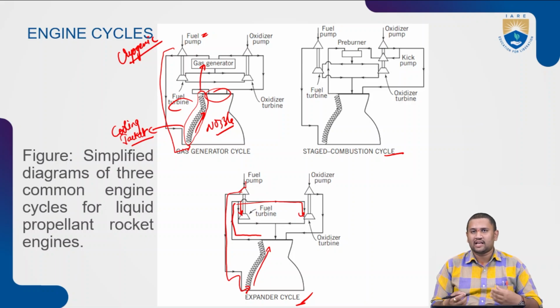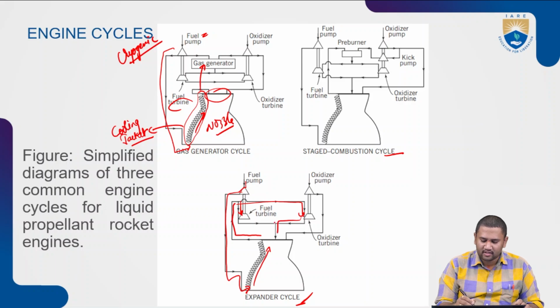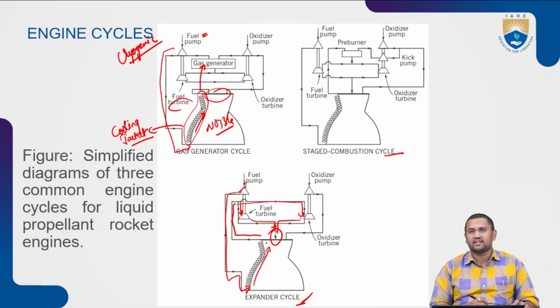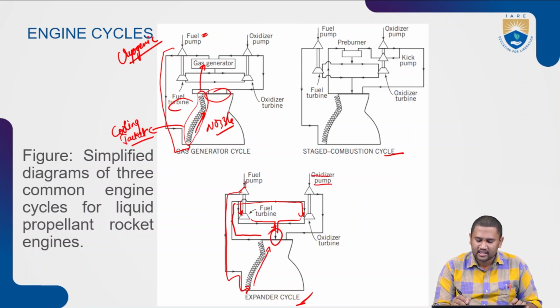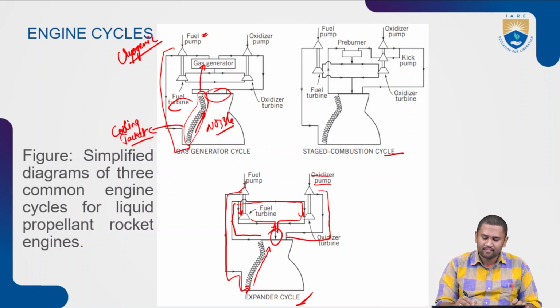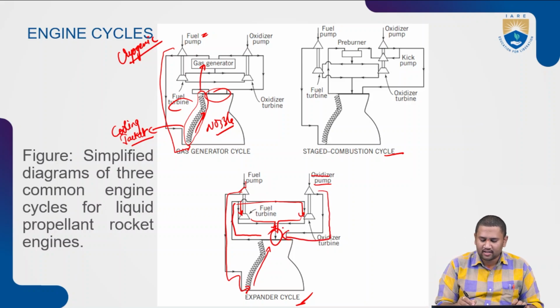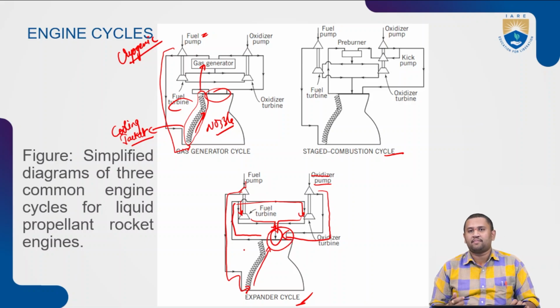As the turbines run, they run the pump, and the same expanded fuel that has been used for the turbine is sent back to the combustion chamber for combustion, whereas the oxidizer is taken directly from the pump or the propellant tank to the nozzle for combustion.